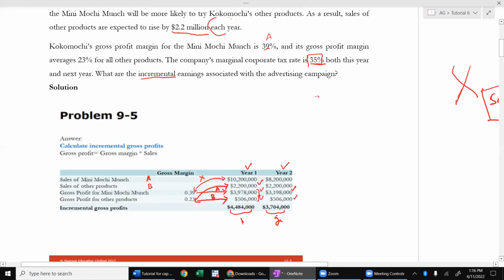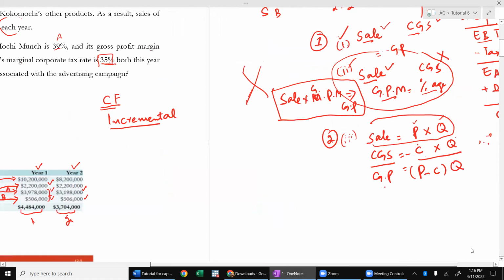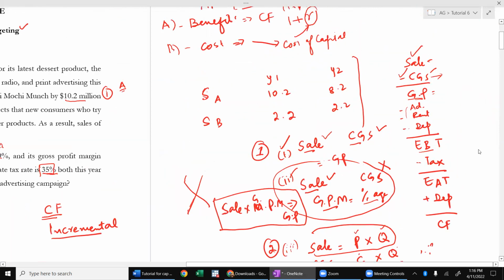In cash flow chapters, you will always hear the word incremental. Every single thing that you are going to do here could be incremental sale, incremental cost, incremental gross profit, incremental depreciation, incremental rent, or incremental anything.